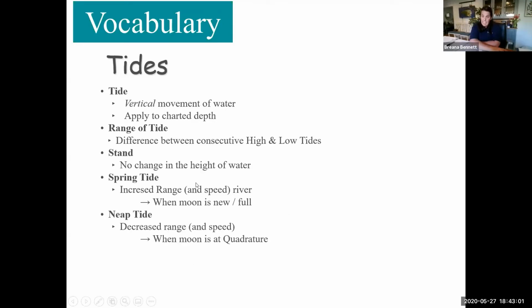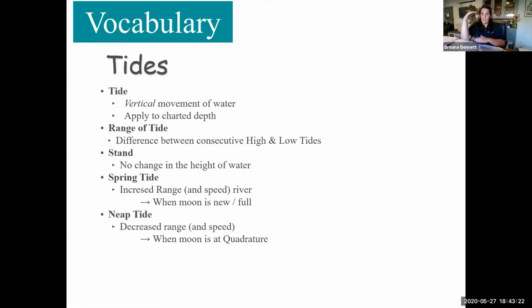The opposite of that is the neap tide. And that is our decreased range or speed. That's when the moon is at the quarter. And that's decreased range.